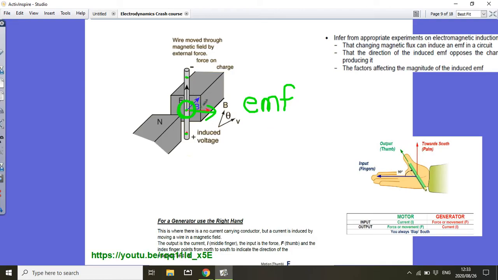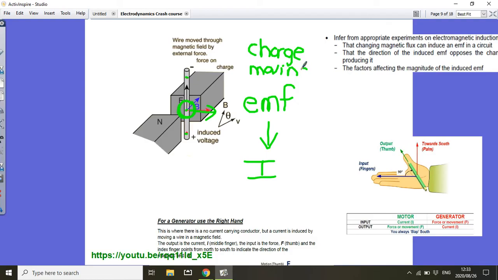Now, if there's a positive, negative potential difference, then that electron will move. So the electron will start to move, and if I have an electron moving, I have a current. So this is the principle on which electromagnetic induction works. I have a moving electron, so I have a charge moving in a magnetic field.